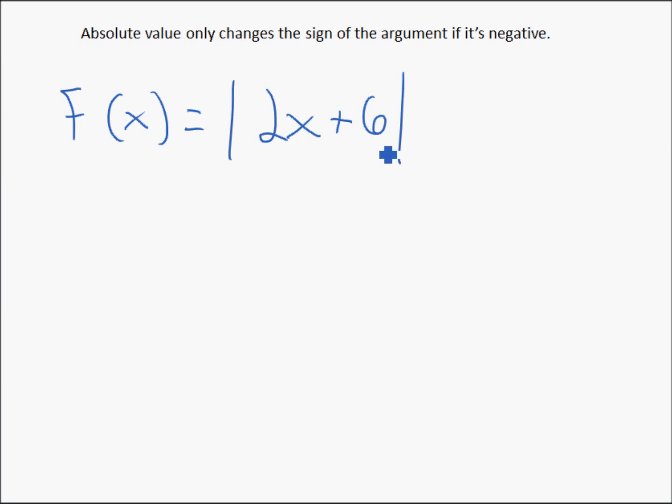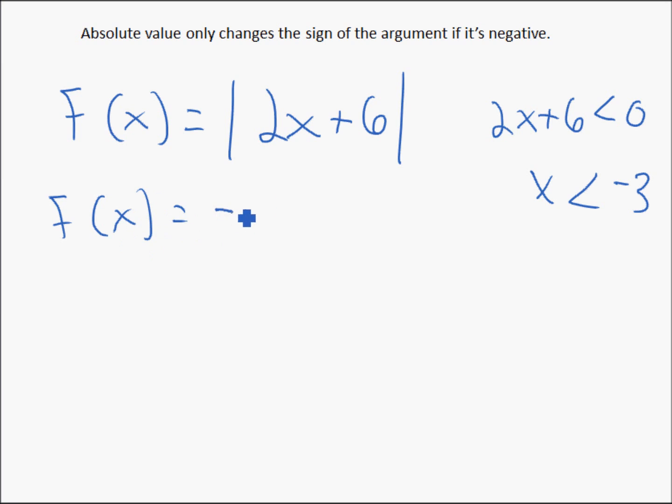Well, that's going to happen when 2x plus 6 is less than 0, which is the same thing as saying that x is less than negative 3. So if x is less than negative 3, 2x plus 6 is less than 0, and the absolute value is going to change the sign, which means f of x really equals the opposite of 2x plus 6 if x is less than negative 3.